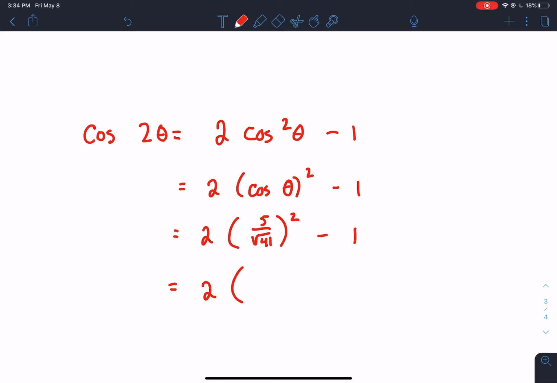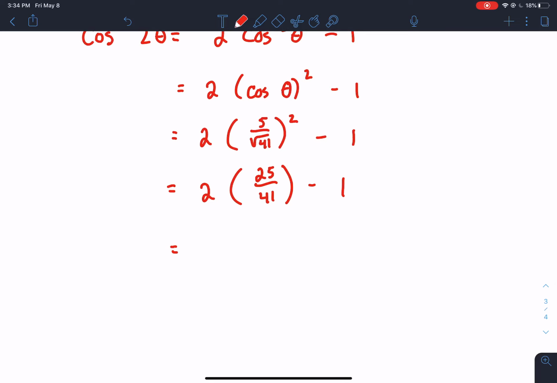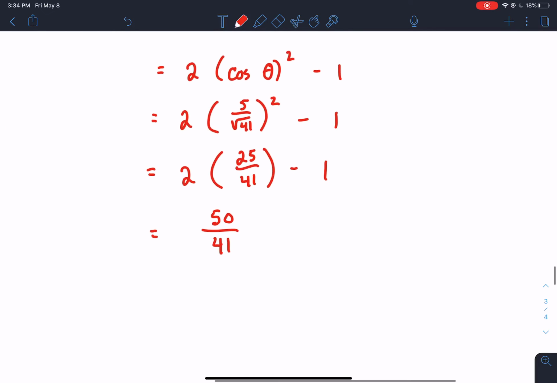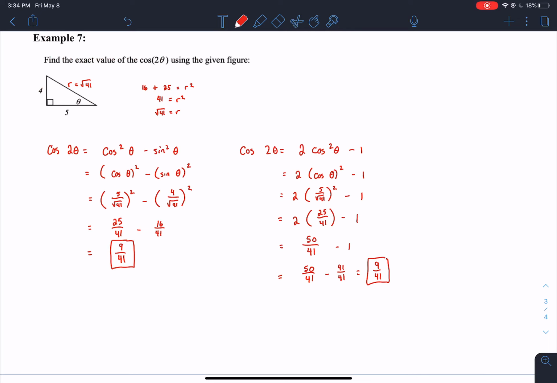So that's 2 times 25 over 41 minus 1, which is 50 over 41 minus 1. Common denominator gives you 9 over 41, which is the same thing that we got before.